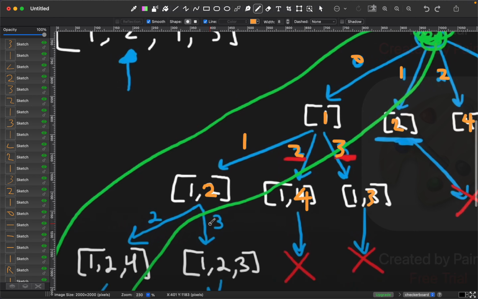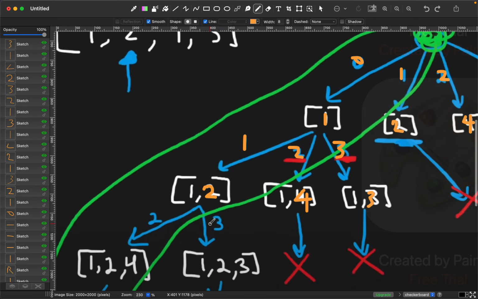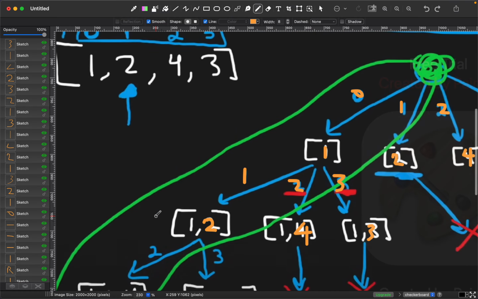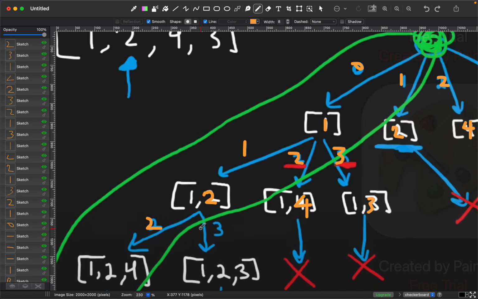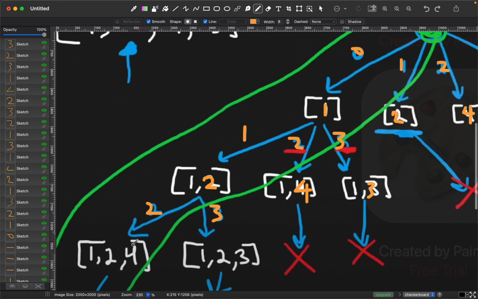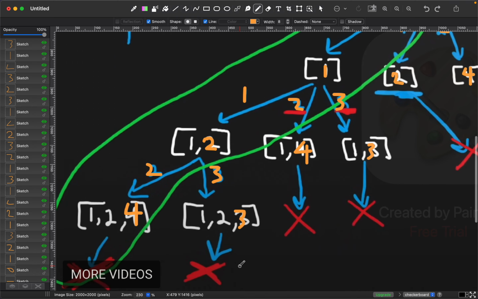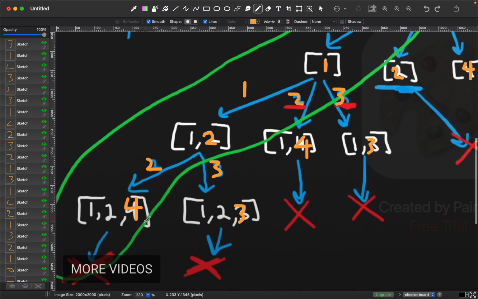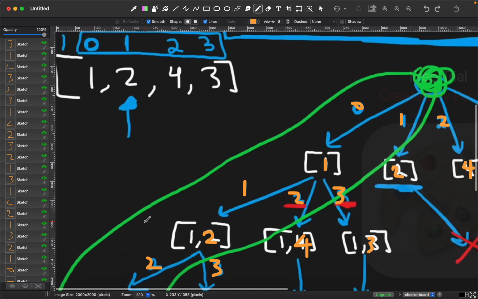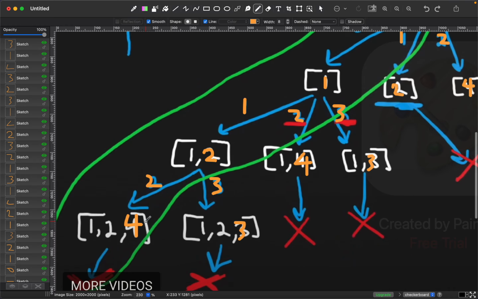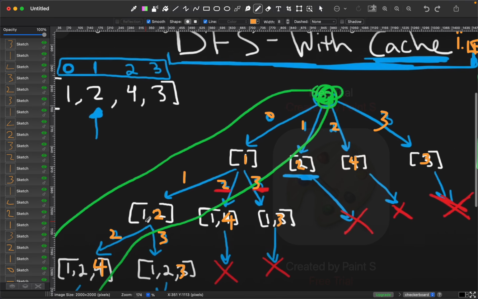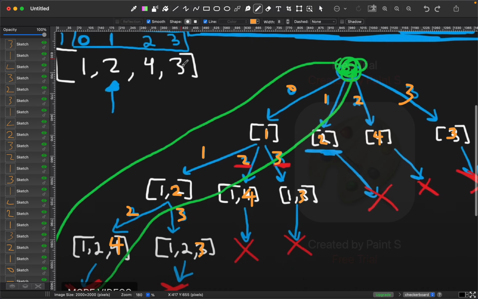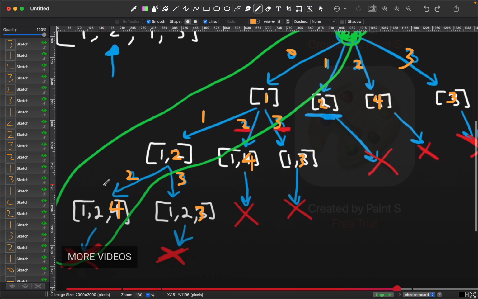And within the 1 slot, I can go to slot 2 or slot 3. Slot 2, I get a 4. Slot 3, I get a 3. And then afterwards, after the slot 2, I cannot proceed to the next one. First up is because this 3 doesn't follow the rulebook, so that's out.